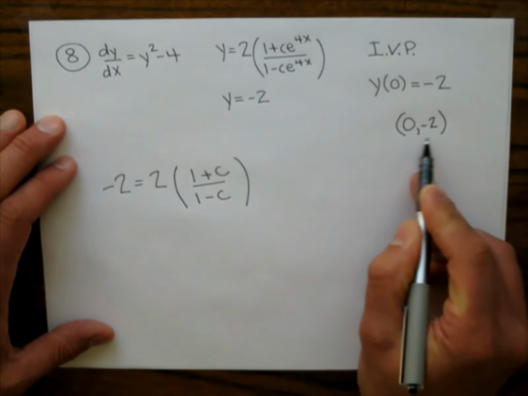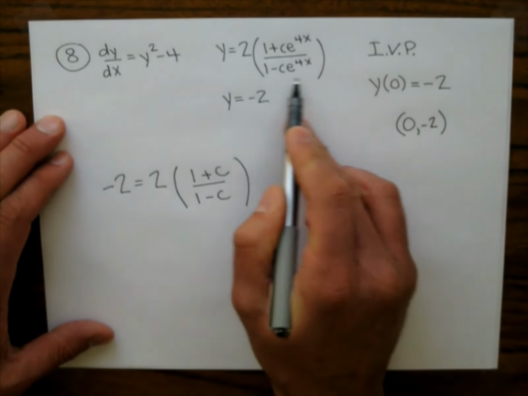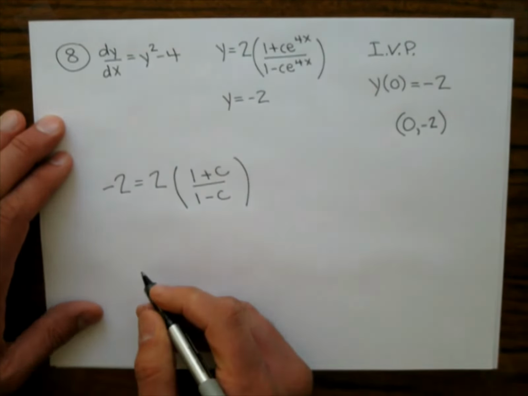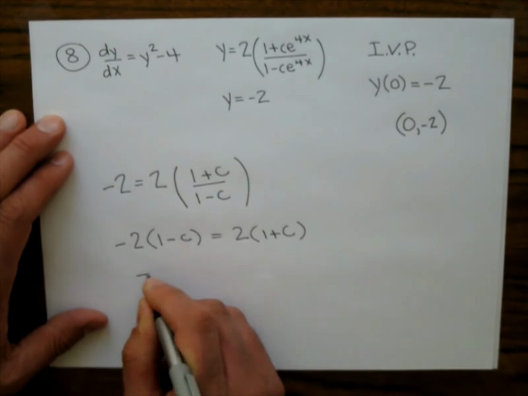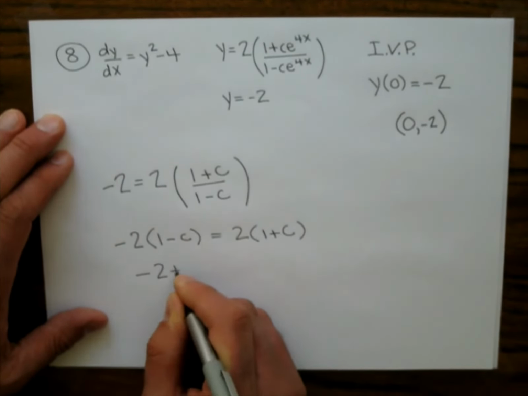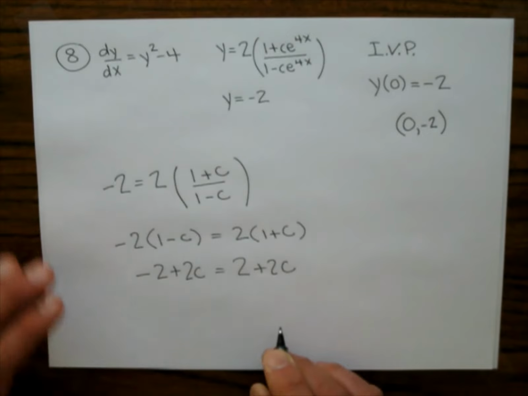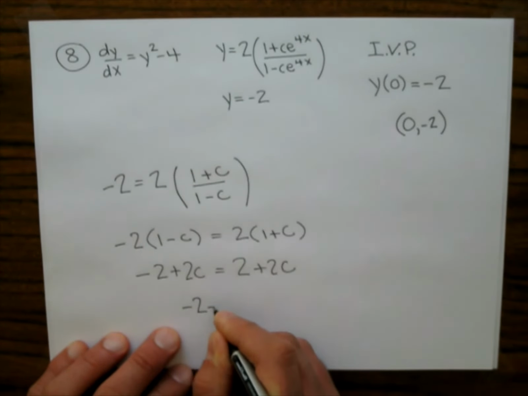So I'm plugging this x and y value in for here, and I have negative 2, 1 minus c equals 2, 1 plus c, negative 2 plus 2c equals 2 plus 2c. Subtract 2c on both sides, I get negative 2 equals 2.